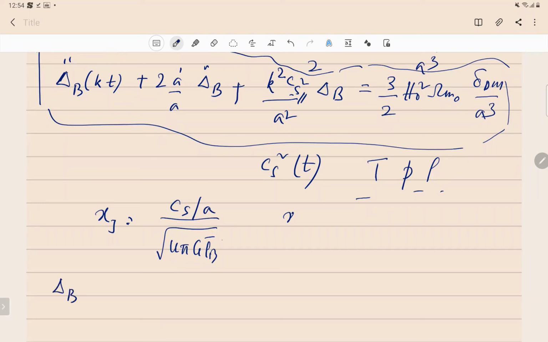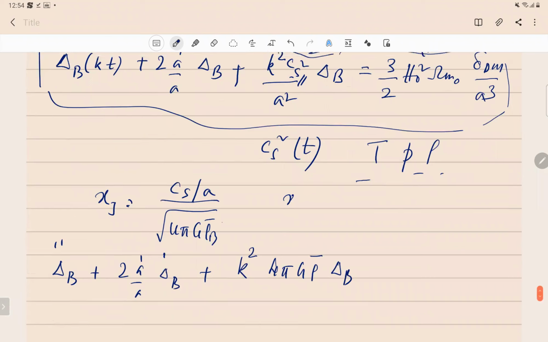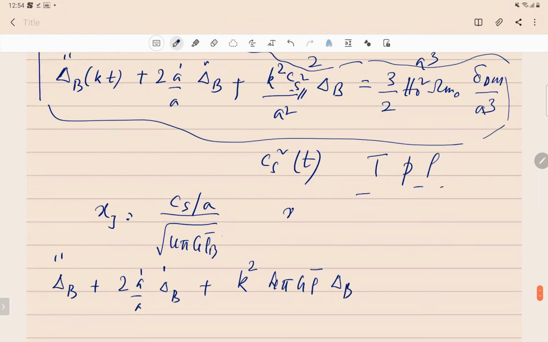So delta baryon double dot plus twice a dot by a delta baryon dot plus k squared. The c_s squared by a squared will be 4 pi G rho bar. This a squared cancels, and then you have delta baryon.